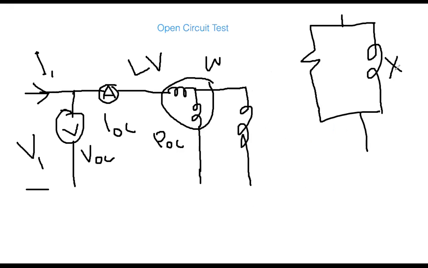Now with this test, I want to find out these two components, RC and XM, core loss resistance and then magnetizing reactance. That is the goal of this test. And because they are in parallel, this time I will be calculating the admittance instead of the impedance.